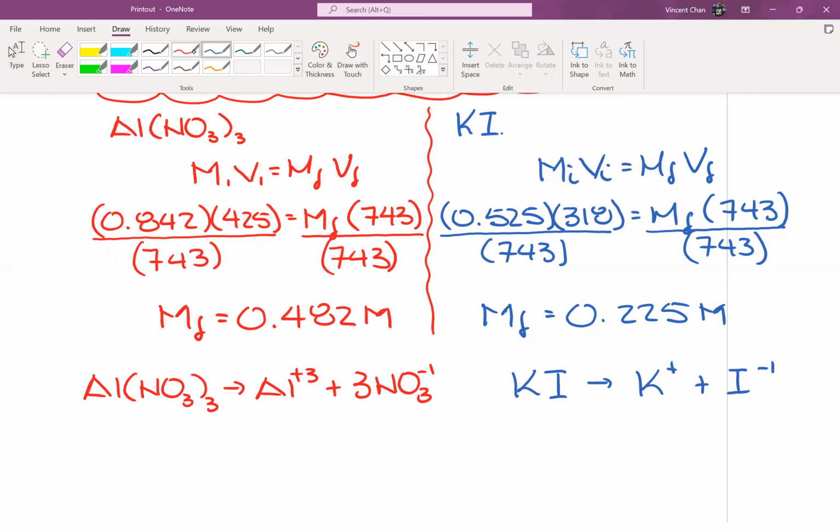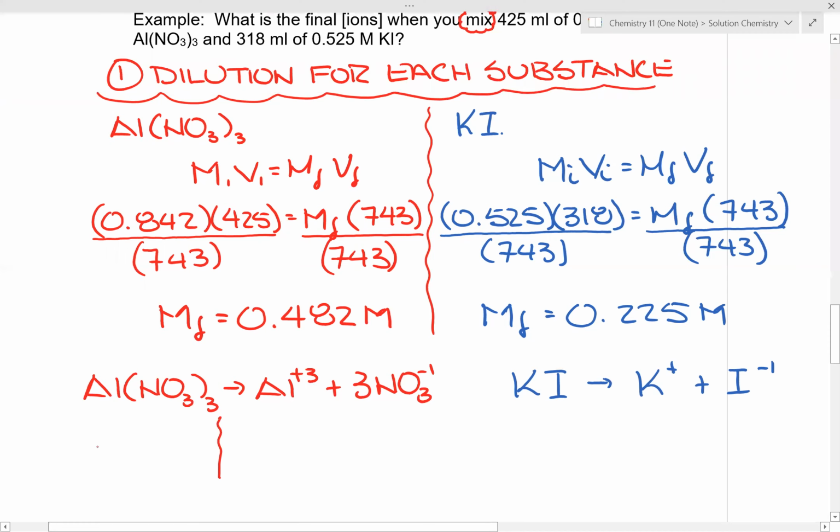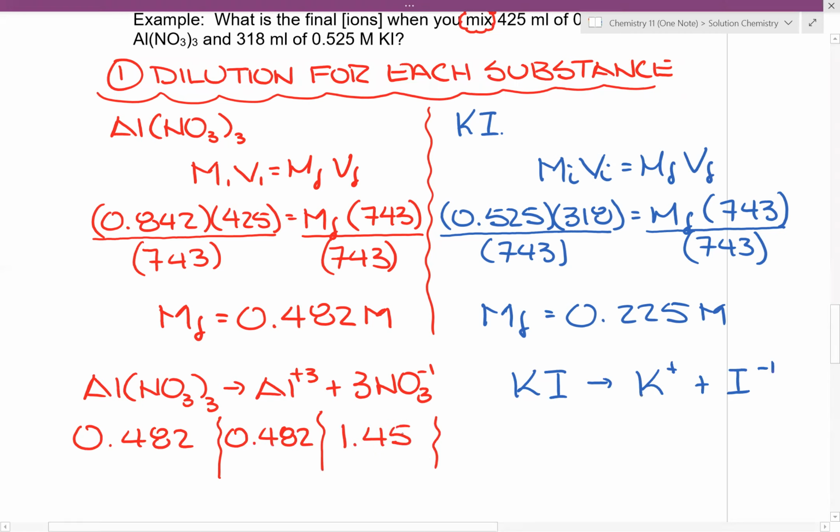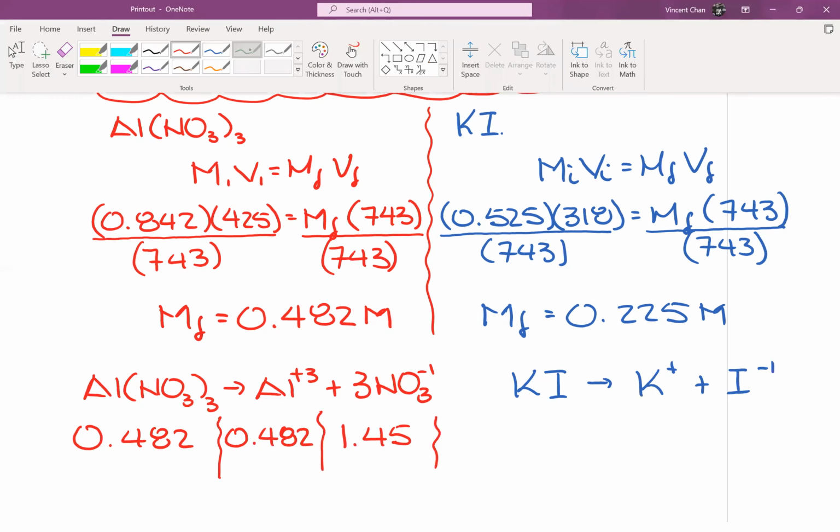So if we were to do the concentrations here, this would be 0.482 molarity. This would be 3 times 0.482, which is 1.45 molarity. For the KI, it's fairly straightforward.